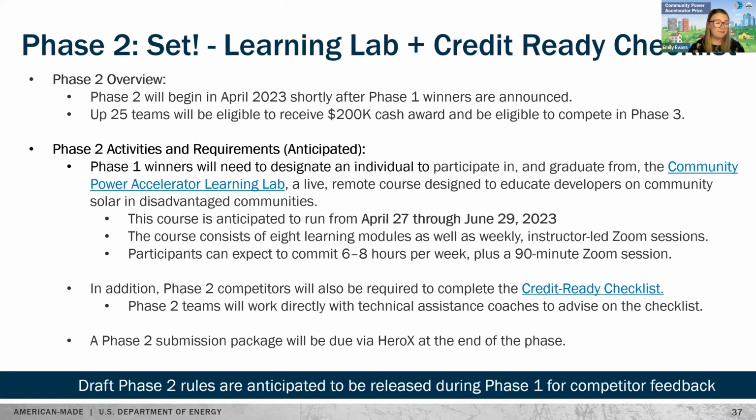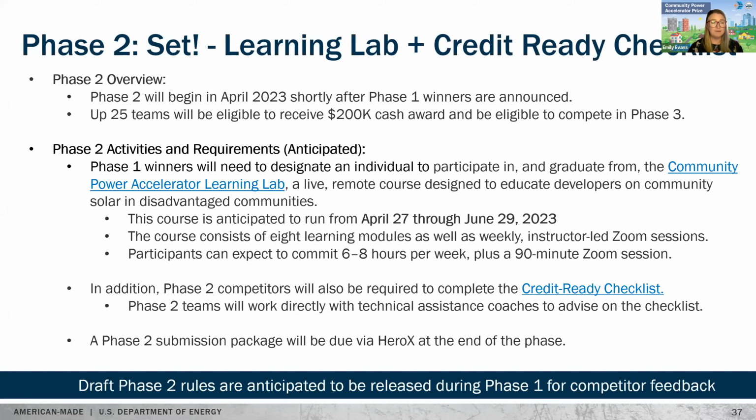The winner announcement is likely going to come mid-April, so please keep in mind that the phase 2 learning lab will be starting on April 27th. So even if you haven't been notified of your status, make sure to keep that on your radar as a possibility. We'll be selecting up to 25 teams to receive a 200K cash award and be eligible to compete in phase 3 of the prize.